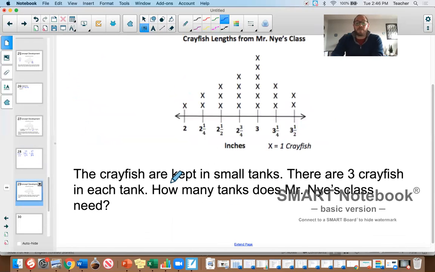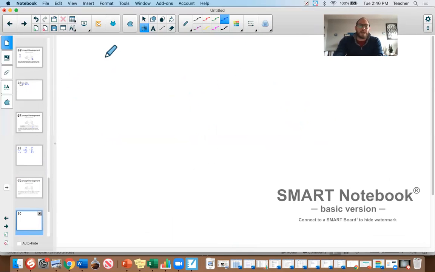All right, our next question. The crayfish are kept in small tanks. There are 3 crayfish in each tank. How many tanks does Mr. Nye's class need? Well, we know Mr. Nye has 21 crayfish and 3 of them can go into a tank. So we could say 21 divided by 3, or because what's easier than division? Multiplication.